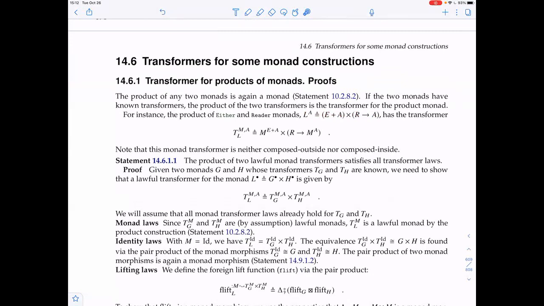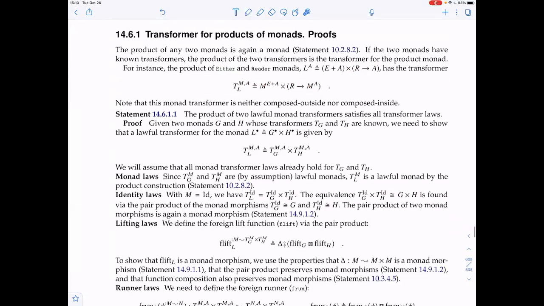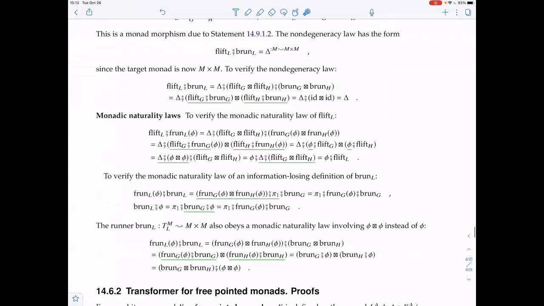So for this, the transformer is composed inside, and for this, it's composed outside. The foreign monad is outside, and for this, the monad is composed inside. And so the product of these two is the transformer for the product. And then I show the proof that this is so.